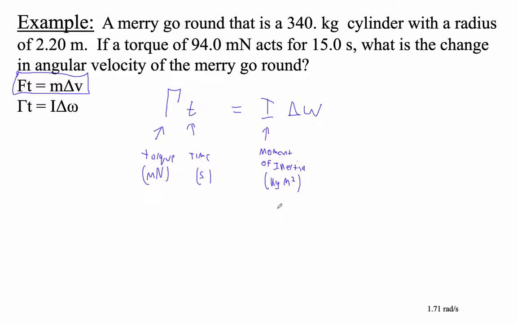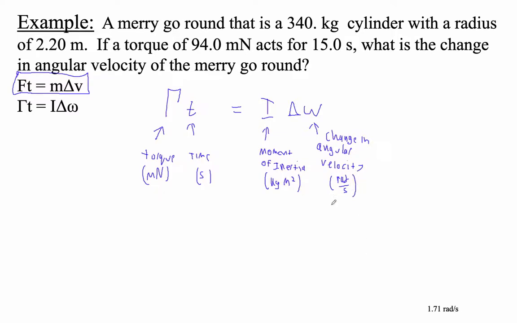I'll leave it for the talented and gifted students to show that meter newton seconds are the same as kilogram meters squared times angular velocity. Change in angular velocity, and that's going to be radians per second, okay?